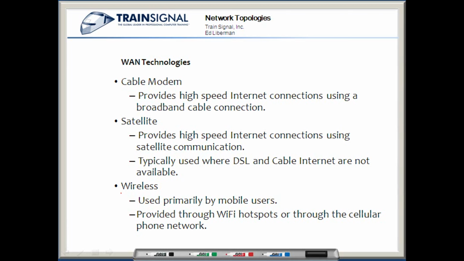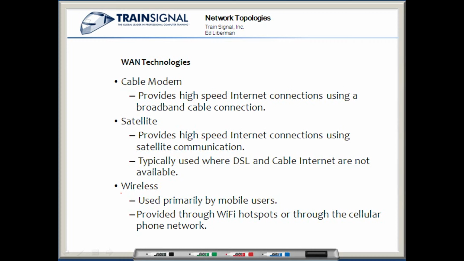And then we have wireless, which is borderline, almost not even literally a WAN technology. It kind of is, and we'll talk about it in just a moment when we talk about VPNs. But wireless is used primarily by your mobile users, either connecting through what's called Wi-Fi hotspots, which is not necessarily technically wireless.